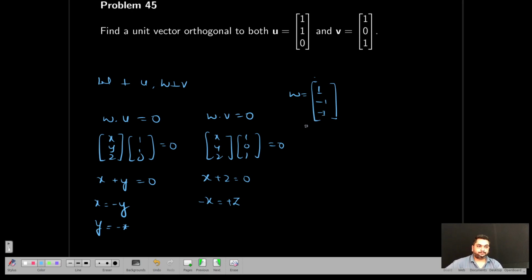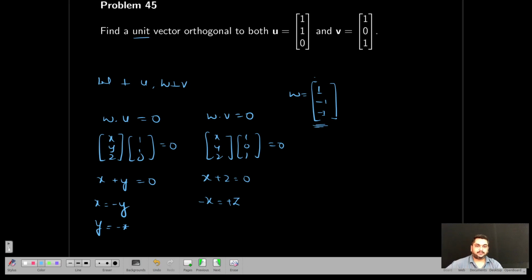Now this is the vector. If you multiply and check it, 1 into 1 minus 1 into 1 is 0, so it will be 0. The dot product of W and V is 1, 0, minus 1, which is 0. So this is the vector.